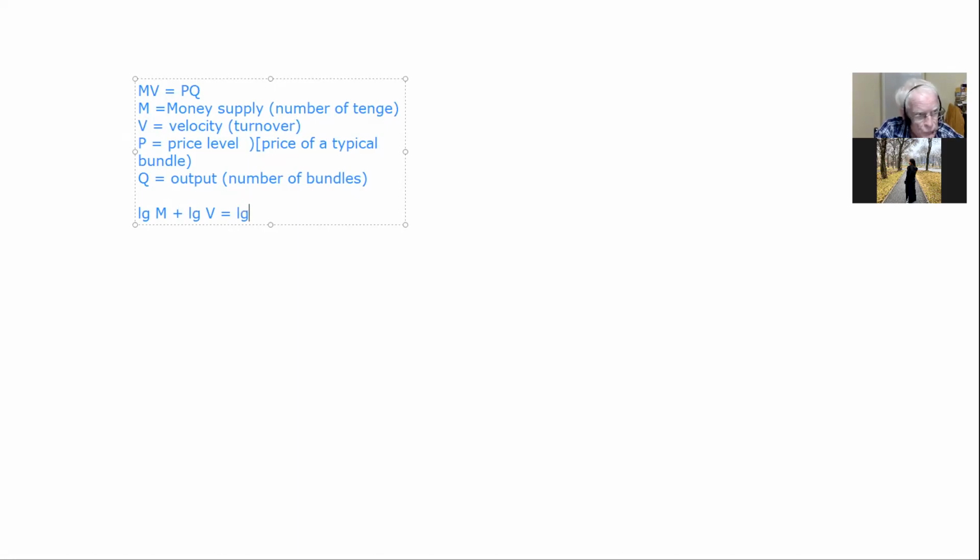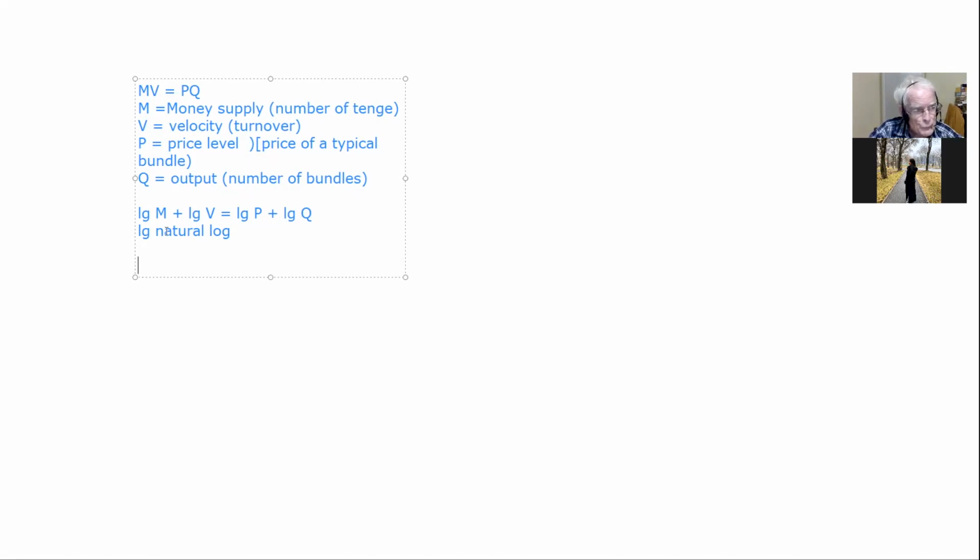And the same for the price level and also for output, where LN represents a natural log. Okay so far.